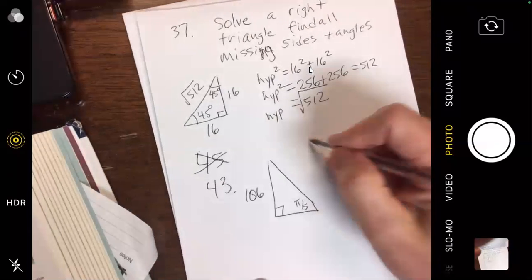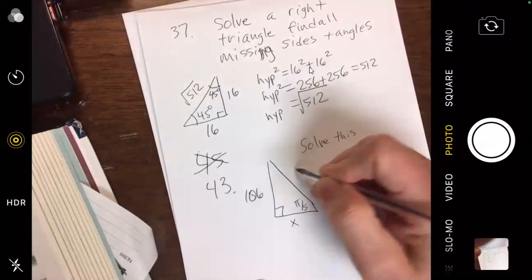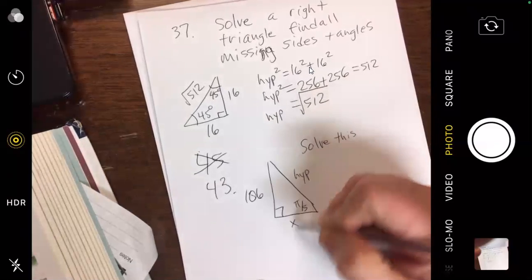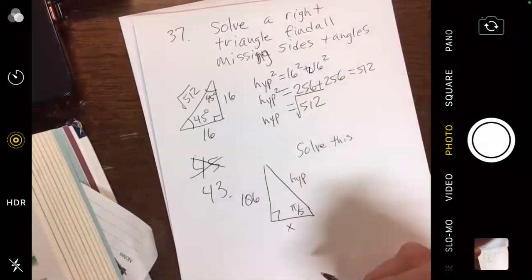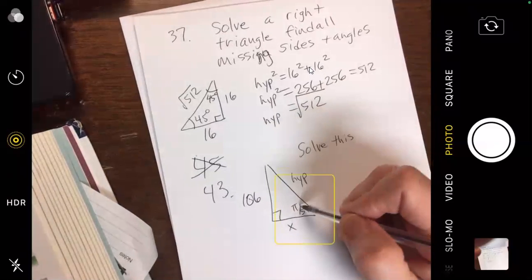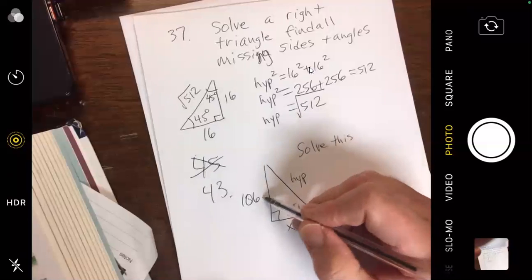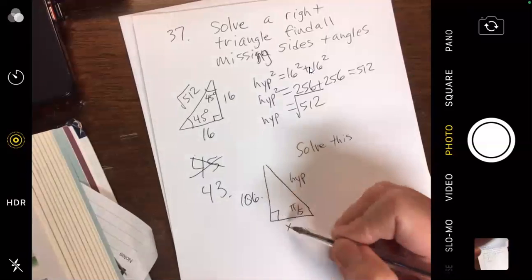All right, I want to solve this. Call this side x, this side the hypotenuse. We only know one side, so I can't get either one directly. There can be multiple ways to do these things. We can either use sine and get to the hypotenuse first, or we can use tangent and get to x first.